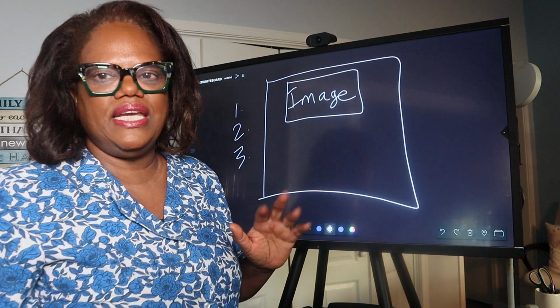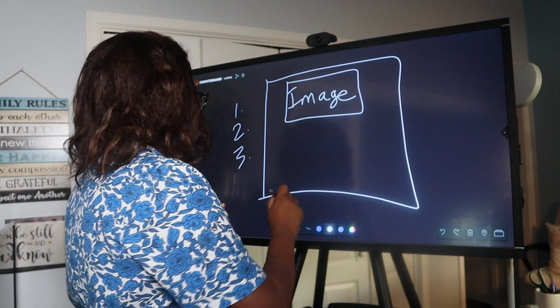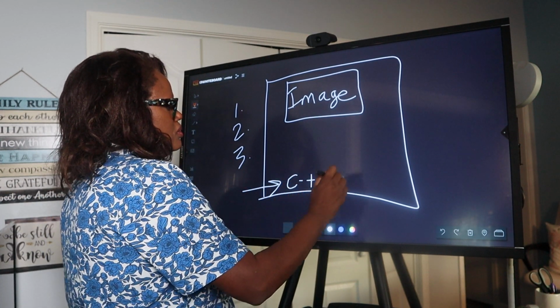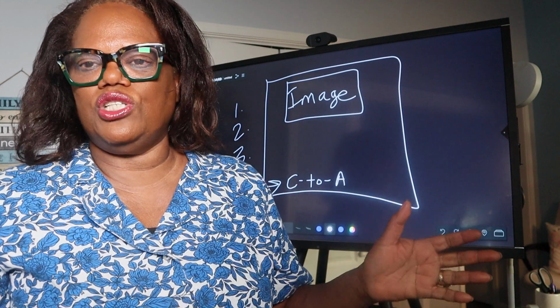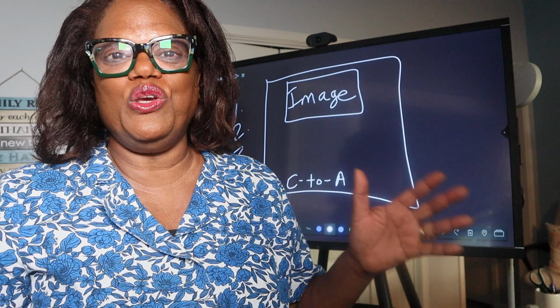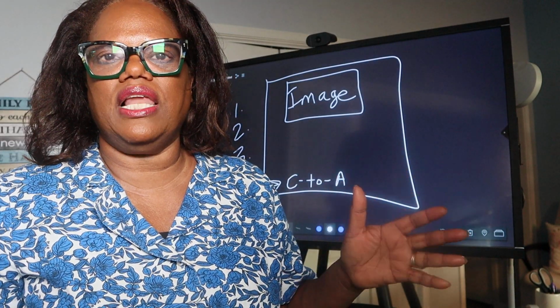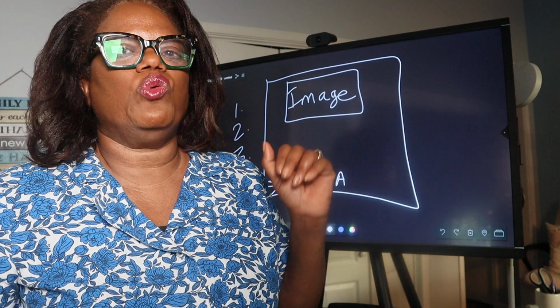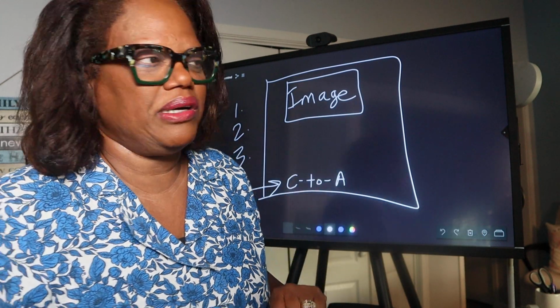We need the content. And lastly, we need a call to action. So I'm going to show you the anatomy of a post from what you know as far as what your client is. So let's act like it's Tuesday or Wednesday or Thursday and we're posting and we're speaking to this one person, okay?